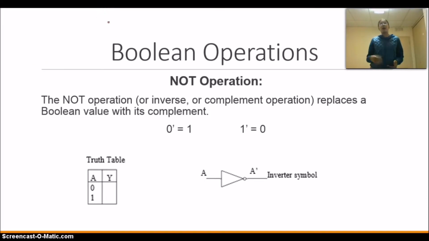So the opposite of 0 is going to be the number 1, and the opposite of 1 is going to be the number 0. In this case, our inverter symbol is formed by a triangle, and the bubble, the circle that appears after the element, indicates that it's an inverse operation.